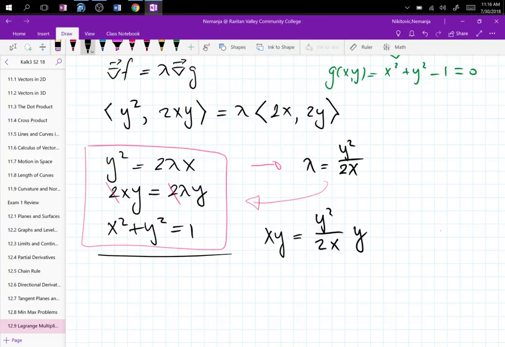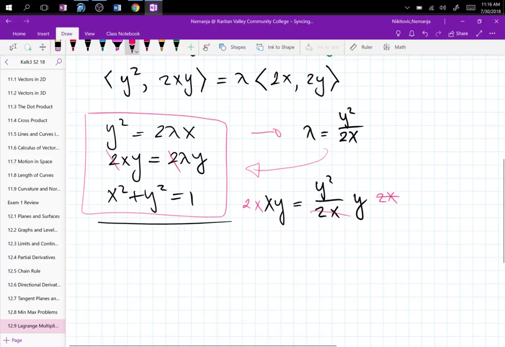That doesn't really do anything other than move 2x to the left. And now what I have is 2x squared y is equal to y cubed.